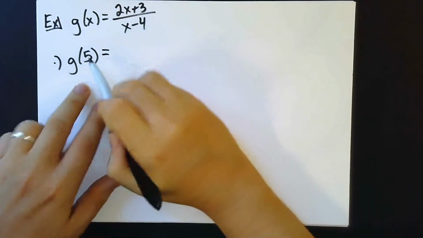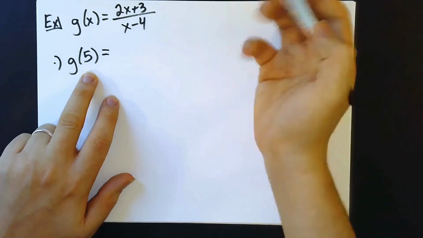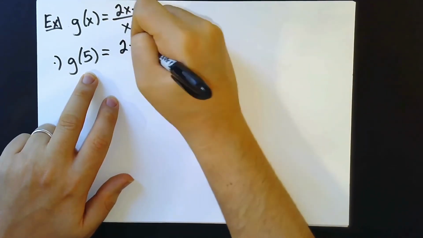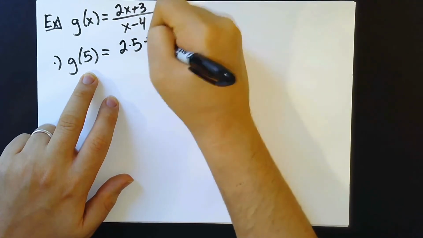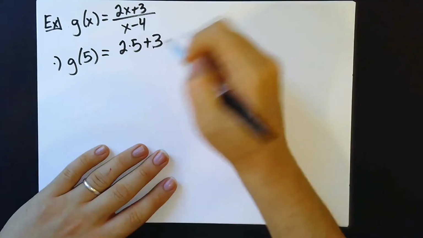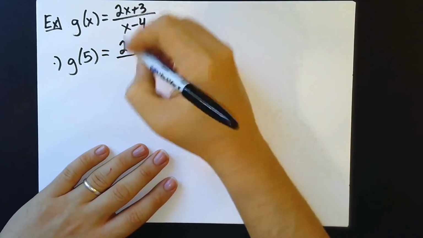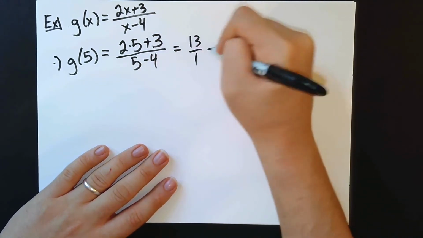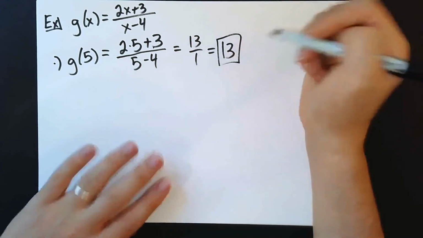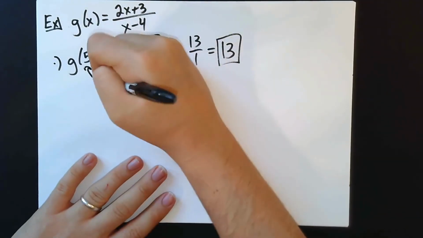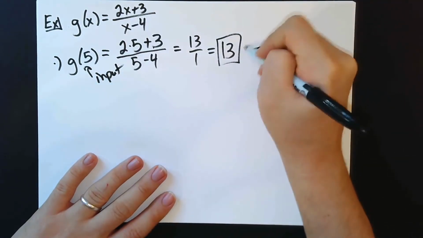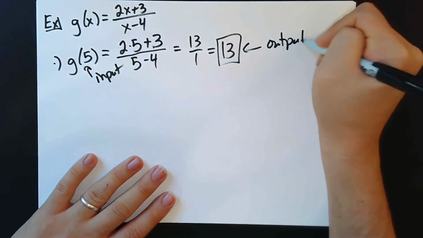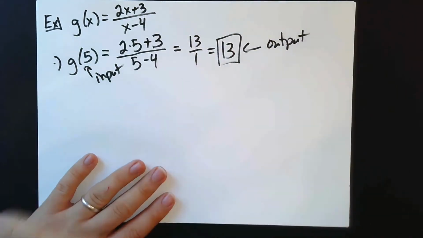If I do that, I have to put in 5 for all of the x's. And if I do that, I'm going to get 2 times 5 plus 3 divided by 5 minus 4. So that'll be 13 over 1, which we just write as 13. So again, input of 5 corresponds to an output of 13 under this rule.